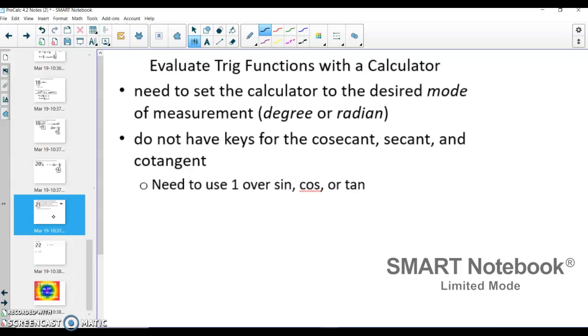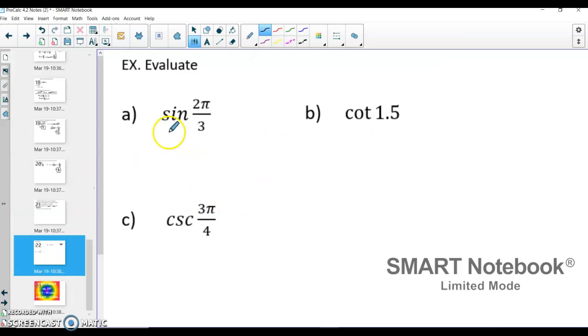Okay. Last thing is just being able to do this in our calculator. Unless you have a scientific calculator, which many of us don't, our calculator doesn't generally have these, so we can always just do 1 divided by the sine, 1 divided by cosine, 1 divided by tangent to find cosecant, secant, and cotangent. Here, like sine of this, we can plug in.